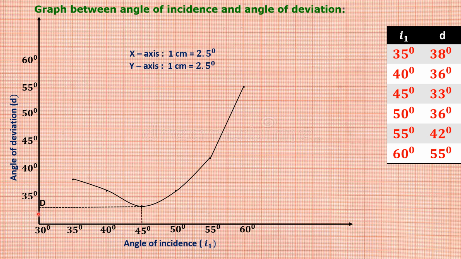So this capital D is nothing but the angle of minimum deviation. From this graph, we can conclude that the angle of minimum deviation in our lab activity is 33 degrees. From the graph, we found the angle of minimum deviation capital D as 33 degrees.